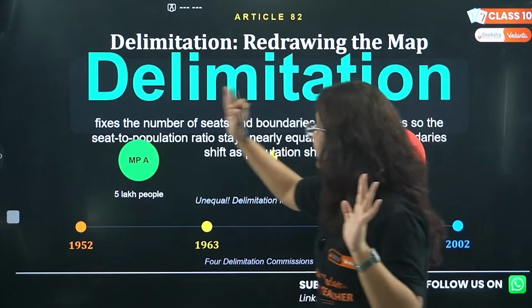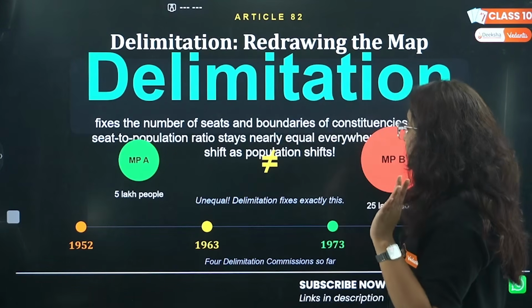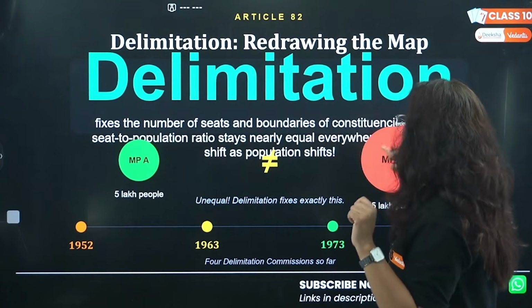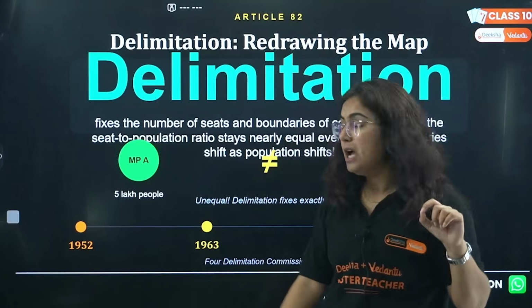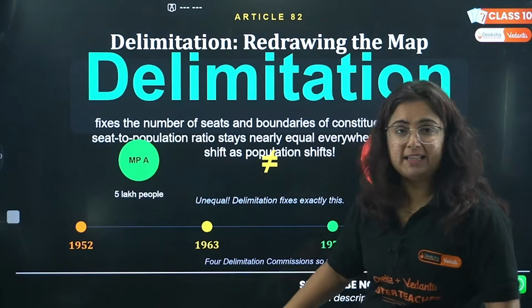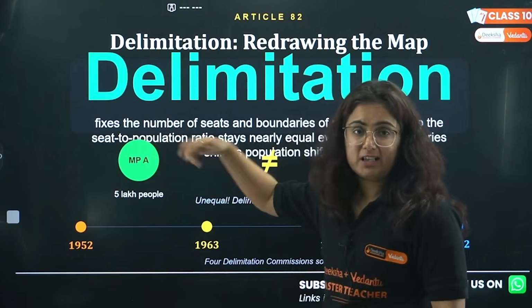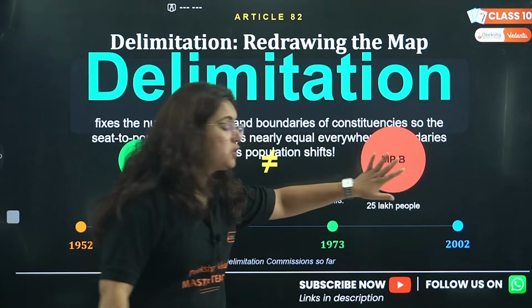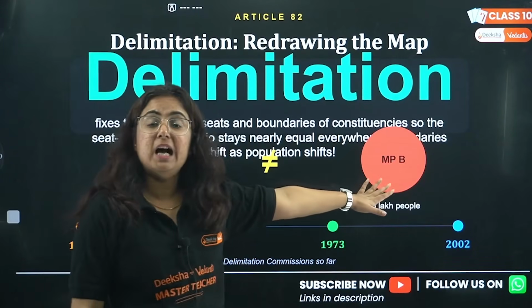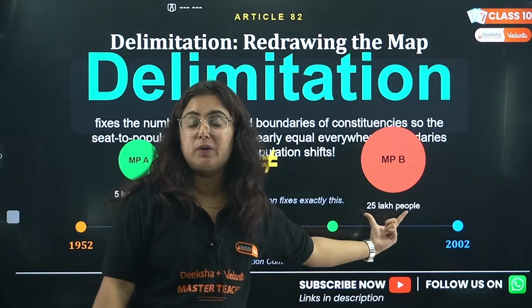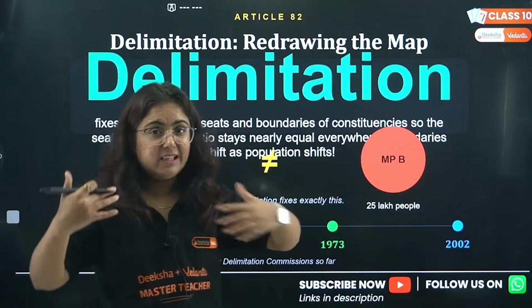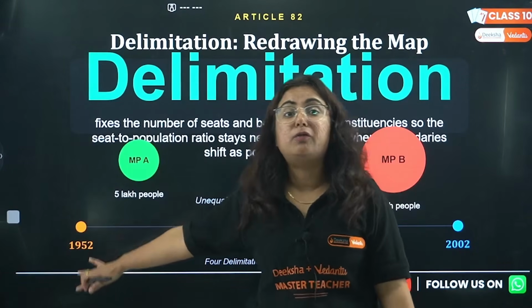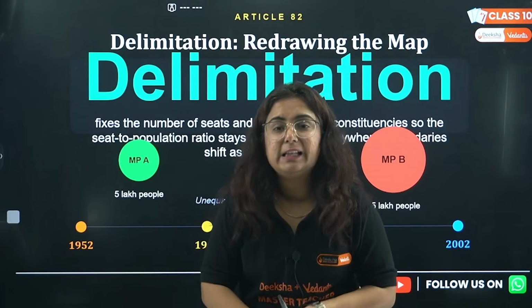So, beta, it fixes the number of seats and boundaries of constituencies so that the seat to population ratio stays nearly equal for every boundary. It should not be that an MP chosen from Ladakh will only represent 5 lakh people, and an MP chosen from Uttar Pradesh is representing 25 lakh people. Do you understand that he will be working for 25 lakh people, and this person is going to work only for 5 lakh, and that will be unfair representation.